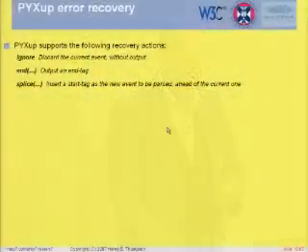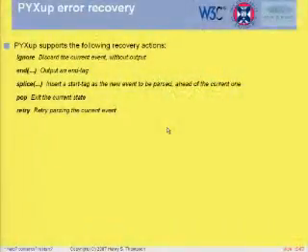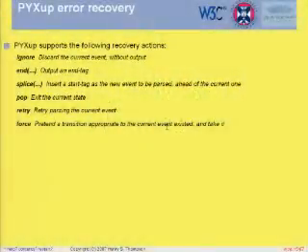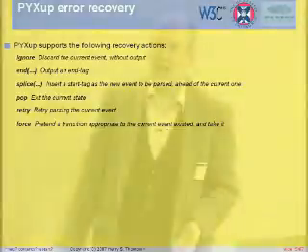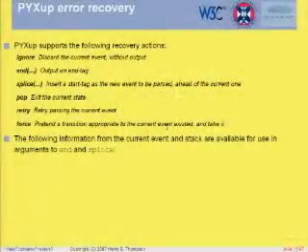The kinds of actions you can perform are: discard the current event, output an end tag, insert a start tag, pop the stack, retry parsing the current event, and force the current event to be accepted as if there were a transition even though there isn't. And with this language, we can repair all the cases that we know about.